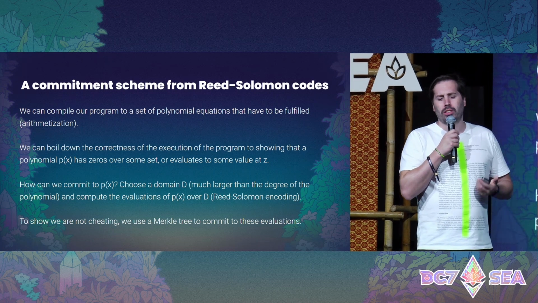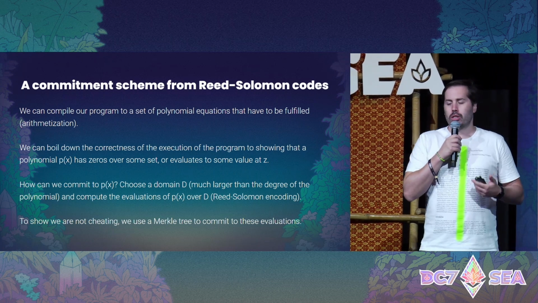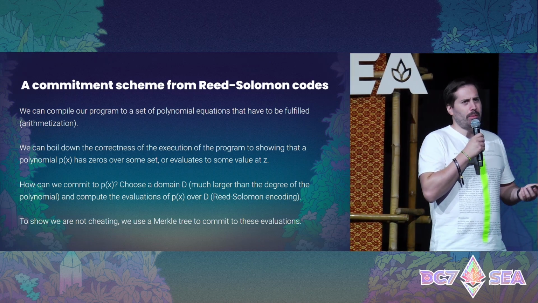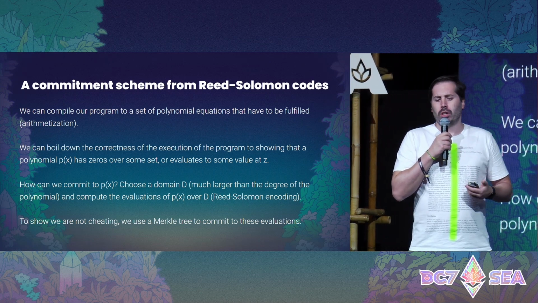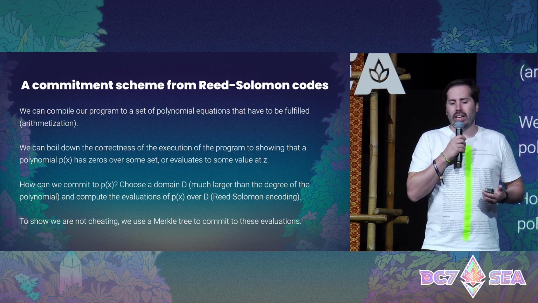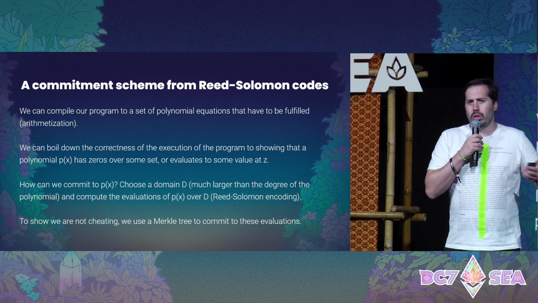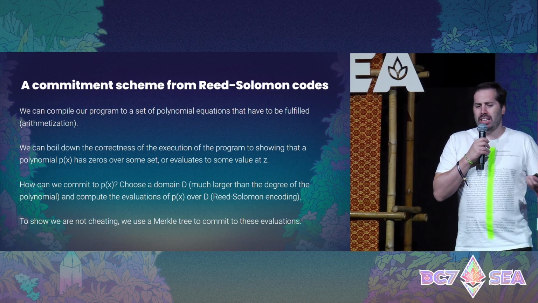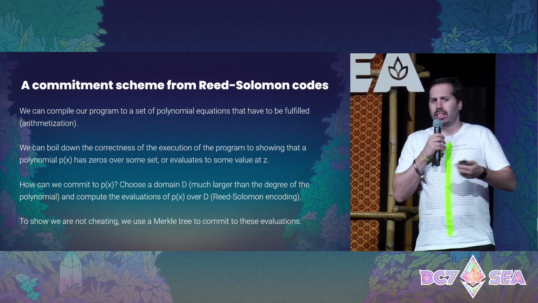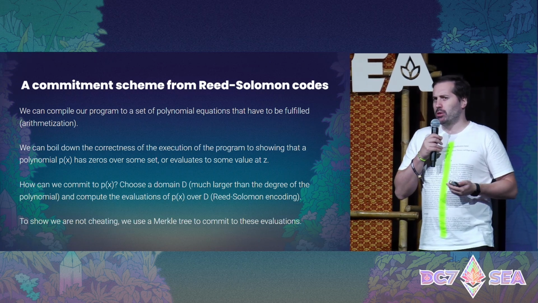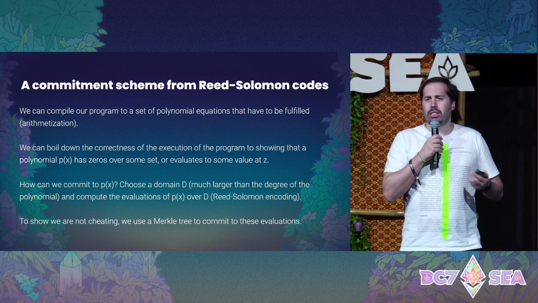And everything boils down to showing that this polynomial has zeros over some set or it evaluates to some value at some point, okay? And how we can commit to a polynomial, what we can do is we choose some values, a domain, and we evaluate that polynomial over that set D. And that is what we call the Reed-Solomon encoding.